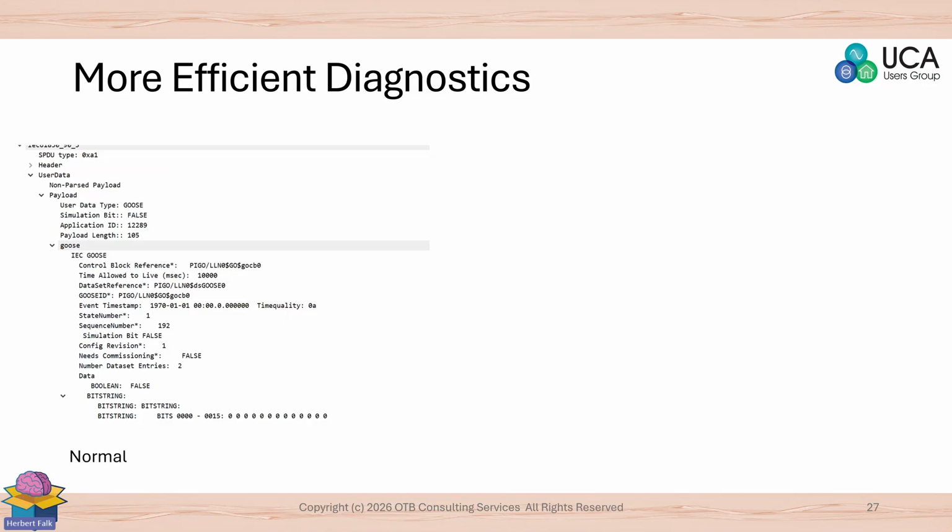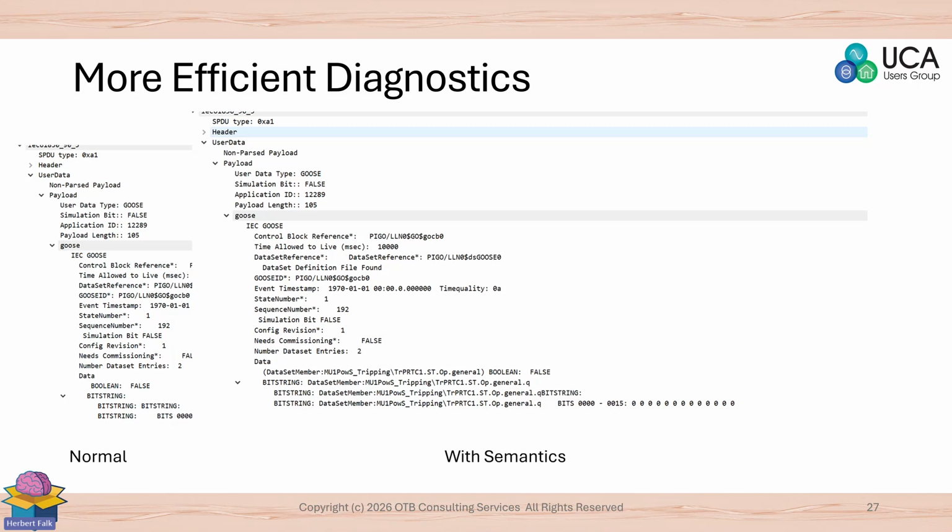So here's a Wireshark capture of a GOOSE message on the network. There are no real semantics except in relation to the header of the GOOSE. But if you have a tool that can read the SCL file, now you know the names of the actual information that's going across your network. You don't have to look at it on a piece of paper.